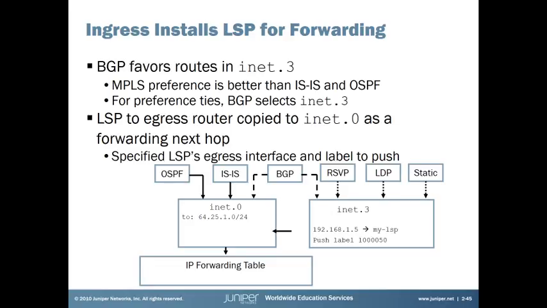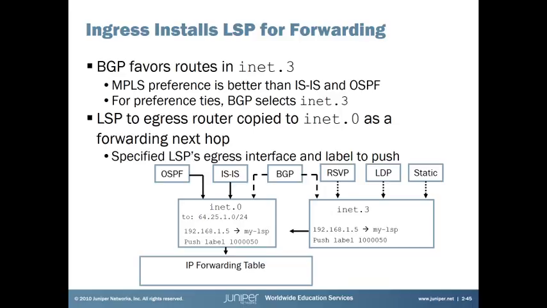So BGP favors routes in the INET.3 table. MPLS preference is better than ISIS and OSPF. For preference ties, BGP always selects the route in the INET.3 table.